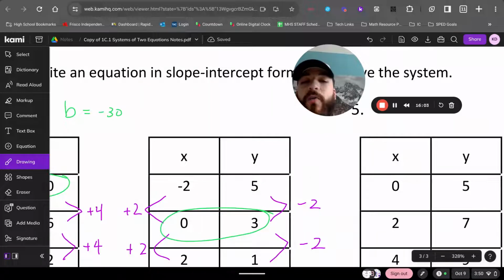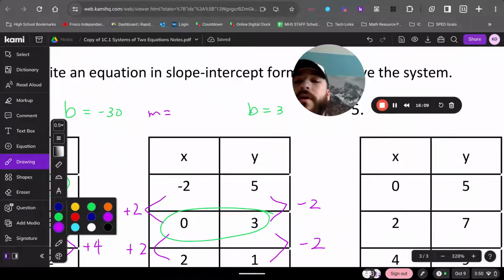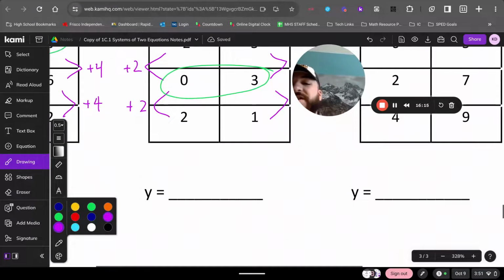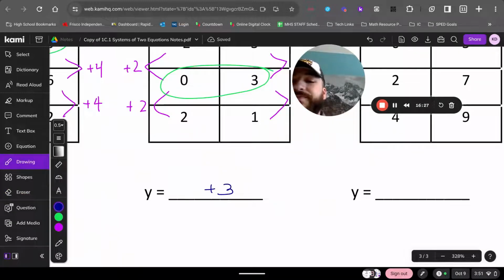So in this case, our y-intercept would be equal to 3, and our slope would be equal to negative 2 over 2, which would be equal to negative 1. So our equation in this case is negative 1x plus 3.